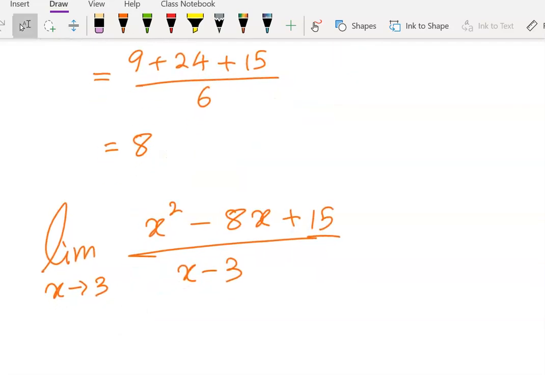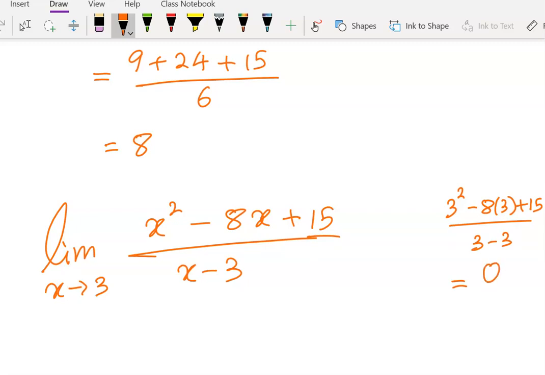Yeah, well, I get 3 squared minus 8 times 3 plus 15 on 3 minus 3. The numerator, of course, 9 plus 15, 24, take 24 is a 0, and denominator is a 0. Therefore, we can't proceed. Just substitution doesn't work.